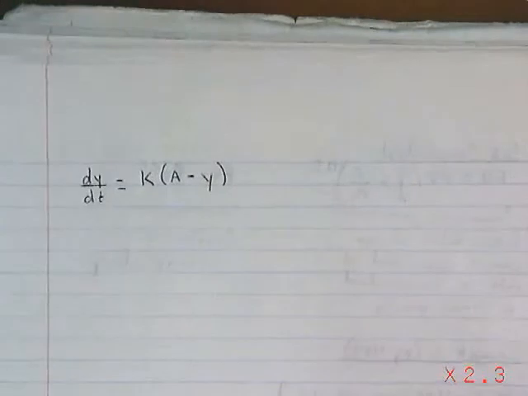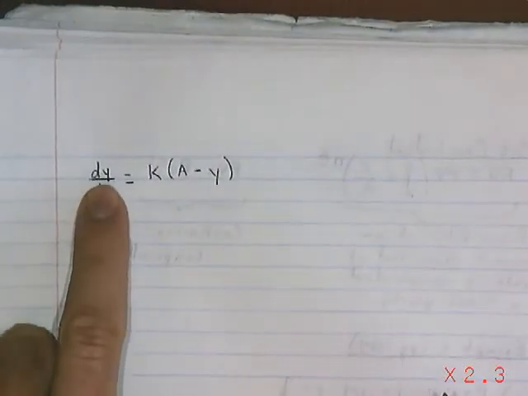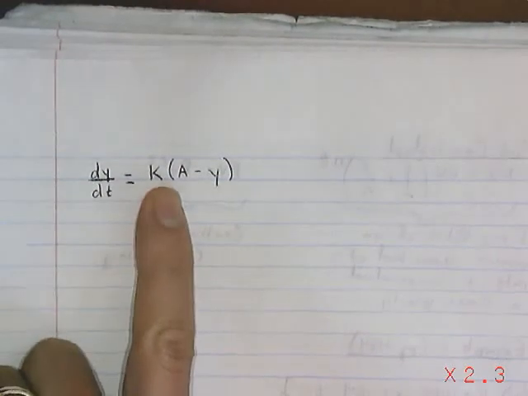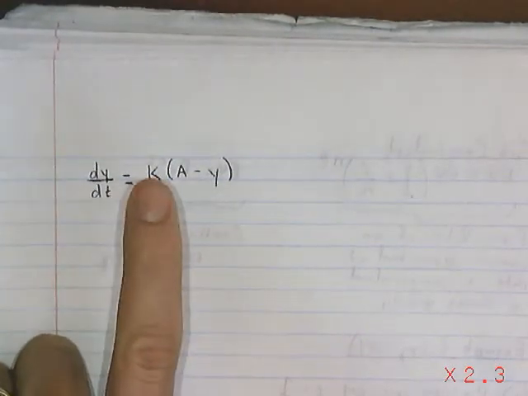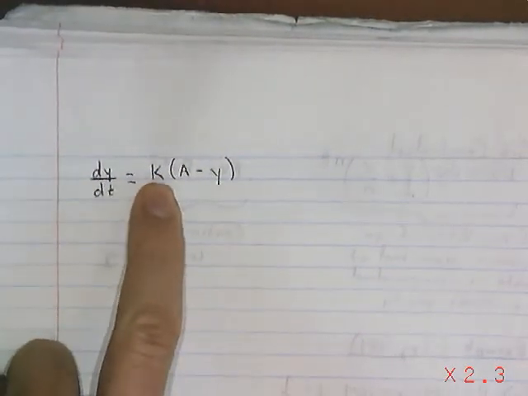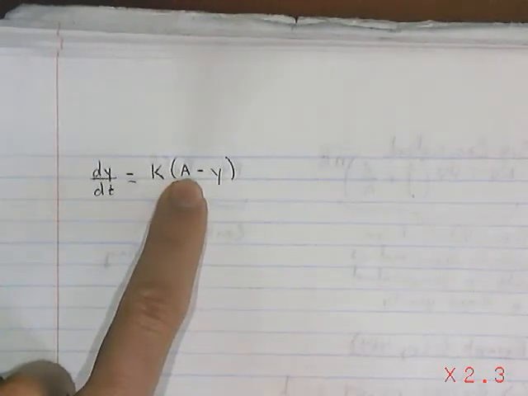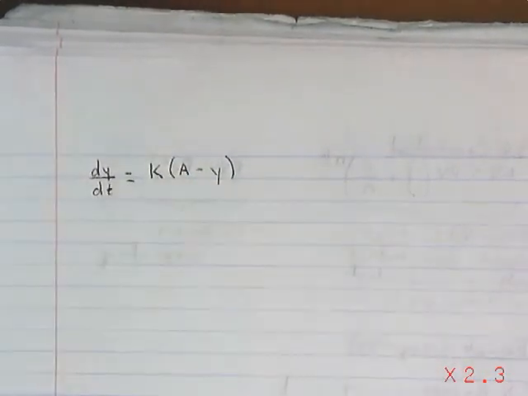Okay? So the derivative of some function y, function of t, is equal to some unknown constant times the difference between another constant and the quantity itself.